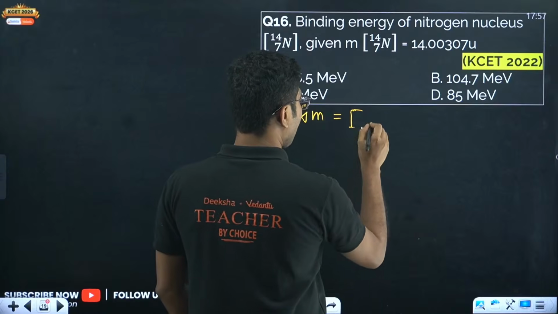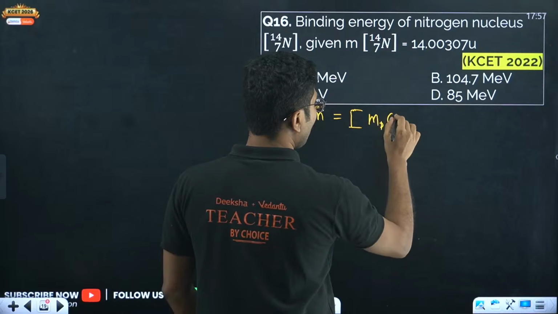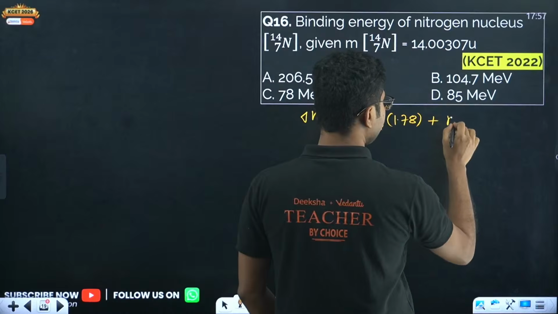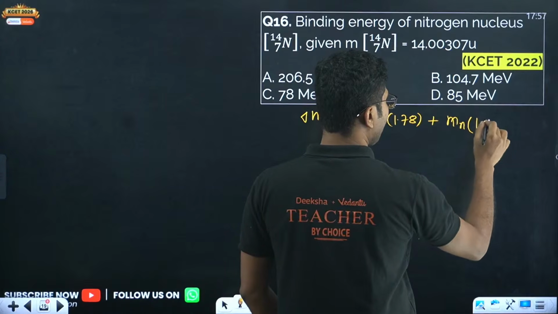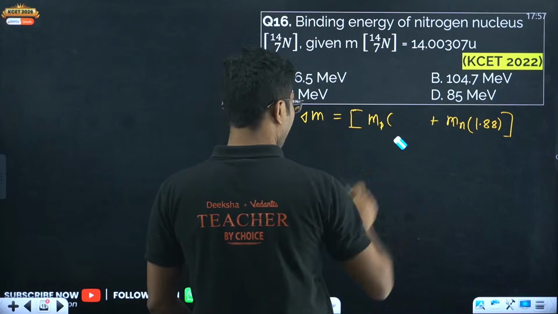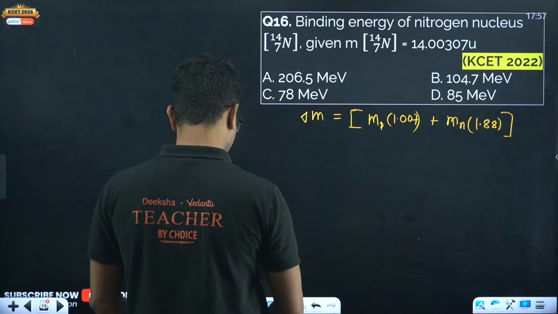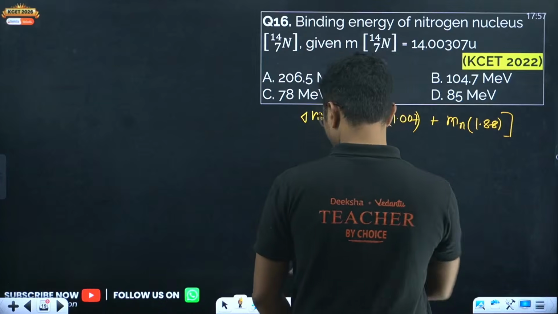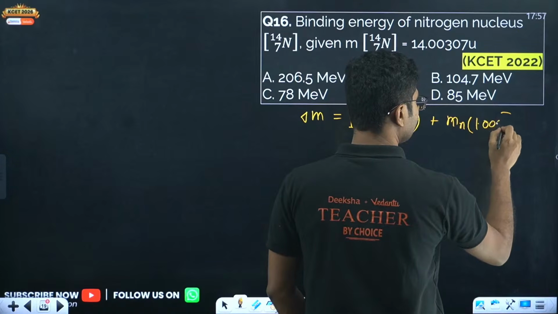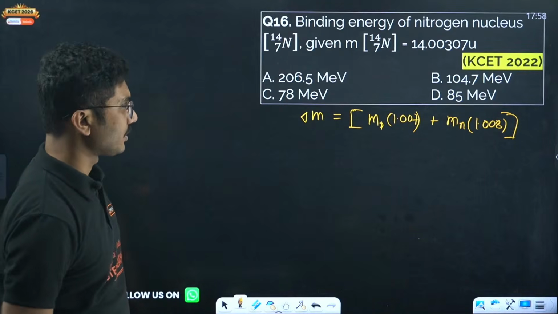The mass of the proton is approximately 1.007, and the mass of the neutron is approximately 1.008. These are the values you need to know to solve such questions.